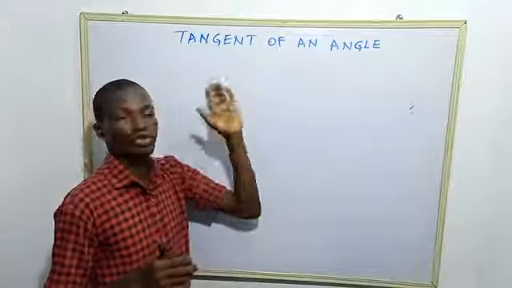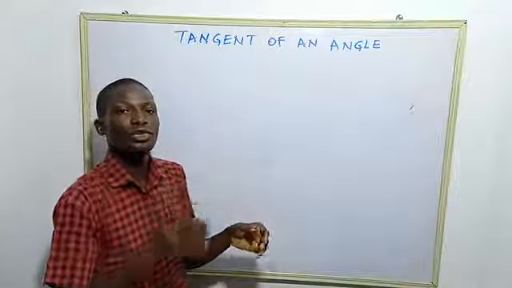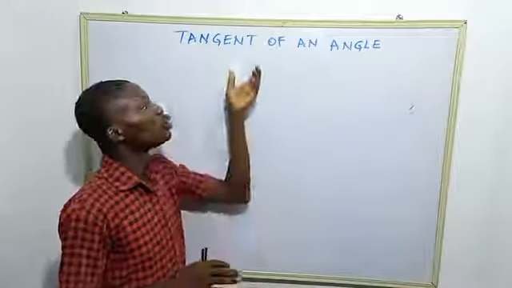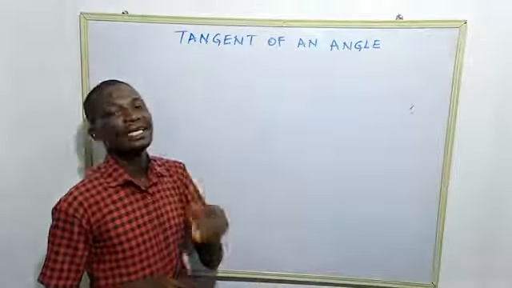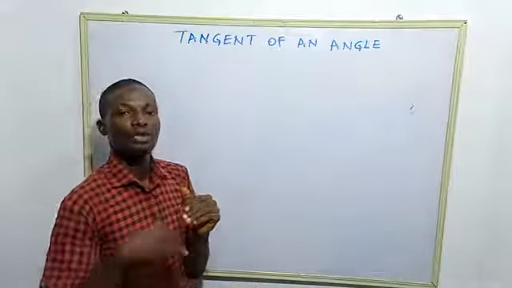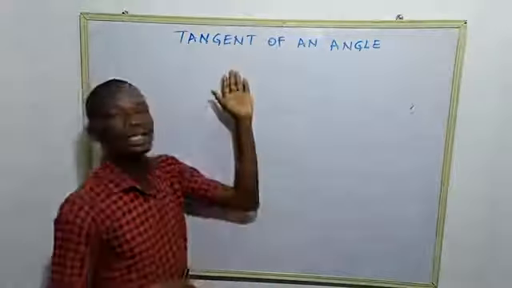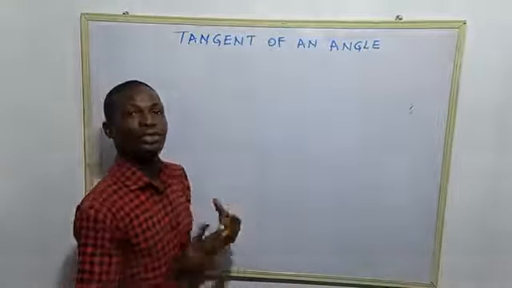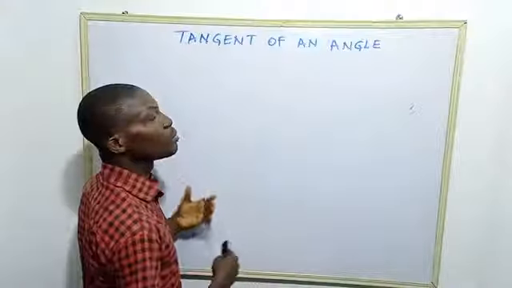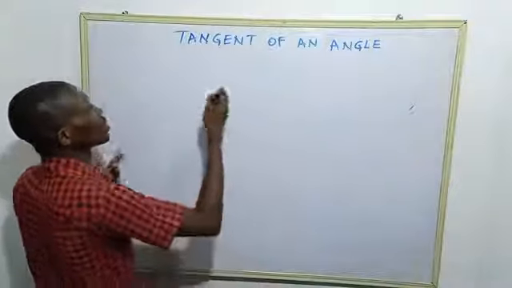It works most of the time with a right angle triangle. So when you want to get a side in a right angle triangle and you are given an angle with another side, you will be needing this one. So let's go into it so that you have a clearer understanding of what we are talking about.